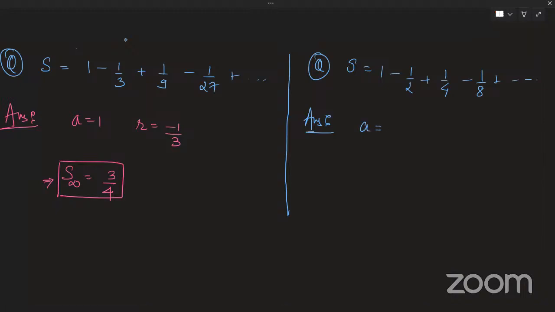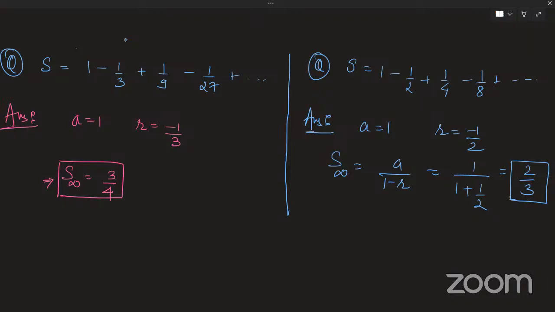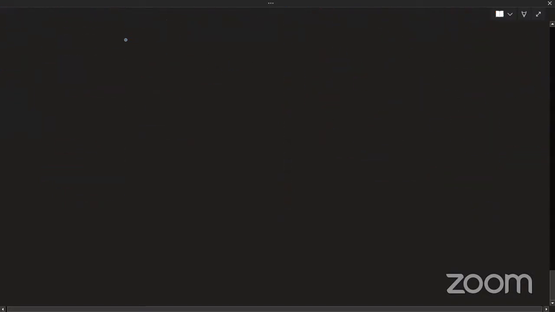R is equal to minus 1 by 2. So what is the sum? It is A by 1 minus R, right? So it is 1 by 3 by 2, which is 2 by 3. Everyone got it right? Okay, great.